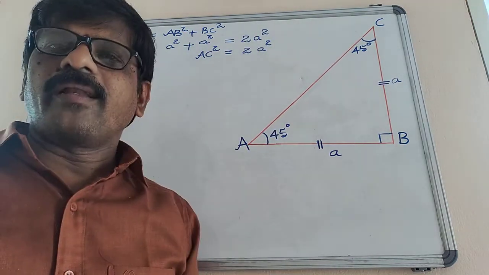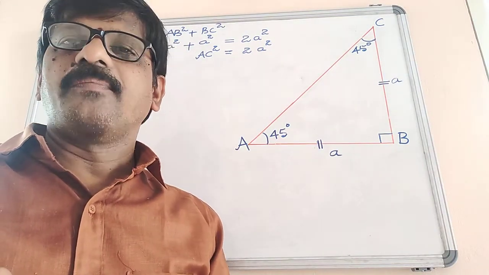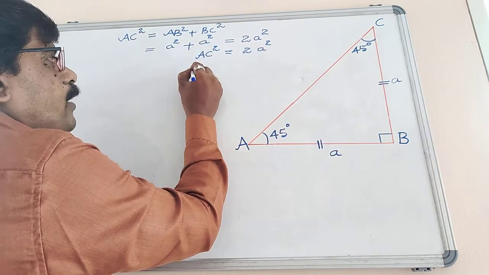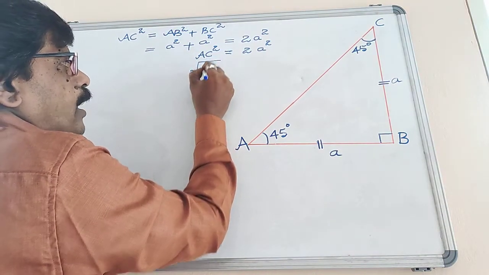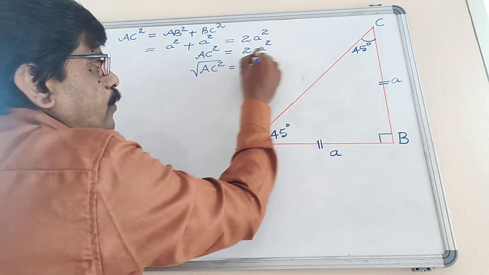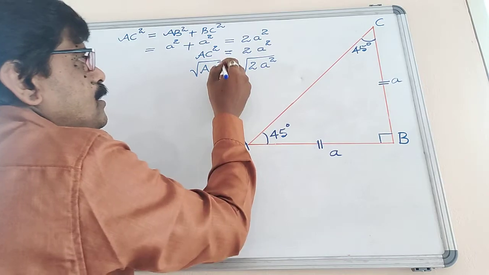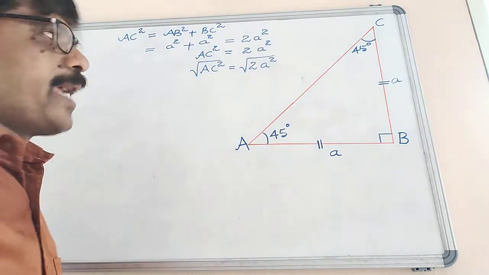Now we have to find AC. How? Taking square roots on both sides, the square root of AC square equals the square root of 2a square. The square is cancelled.